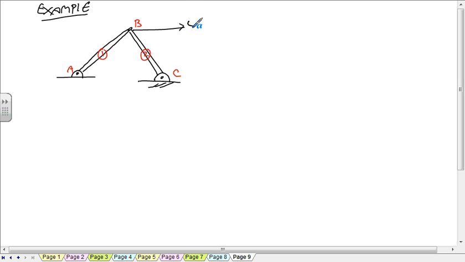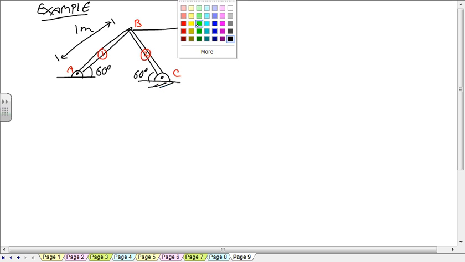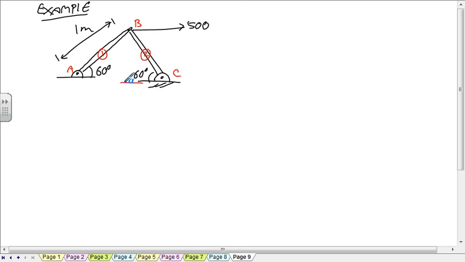So let's say that there's a 500 Newton force applied to the right at the pin. And let's say that this angle is 60 degrees. I made it look a little lopsided, but this is an equilateral triangle. So let's make this length 1 meter. This is 60 degrees. That means that this length is 1 meter and this length is 1 meter. I'll put the origin down here.